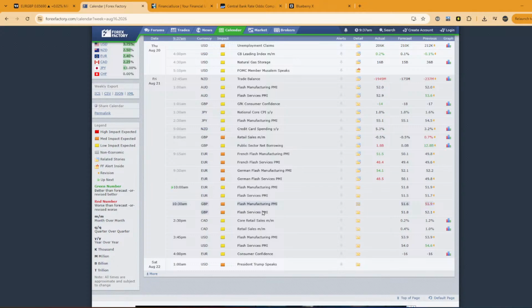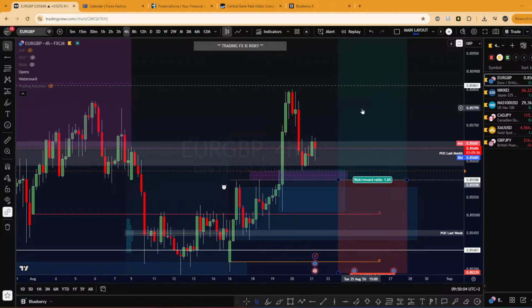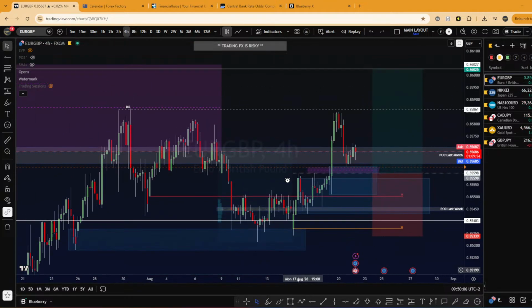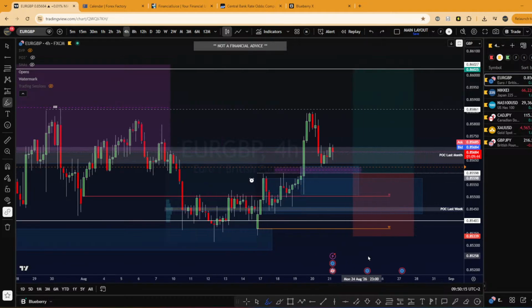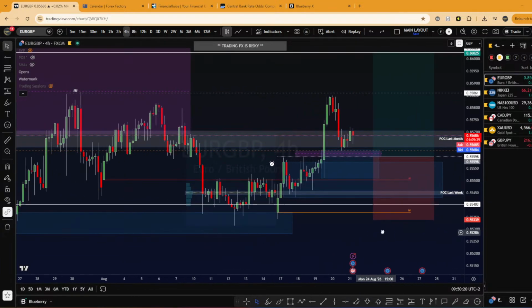Maybe I will wait around here to take a decision. What I need to see is a very poor number on PMI in the United Kingdom. This will weaken the pound and maybe help me to buy, to day trade this to the upside, at least target these highs. So I'm just waiting for this release and for this London session.